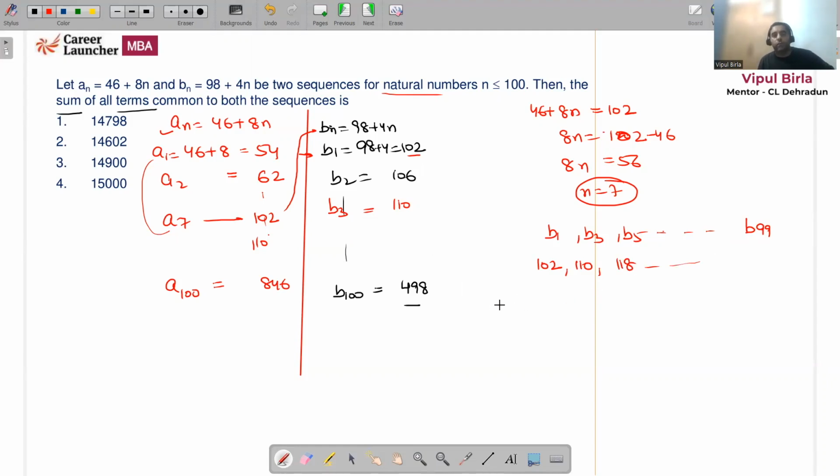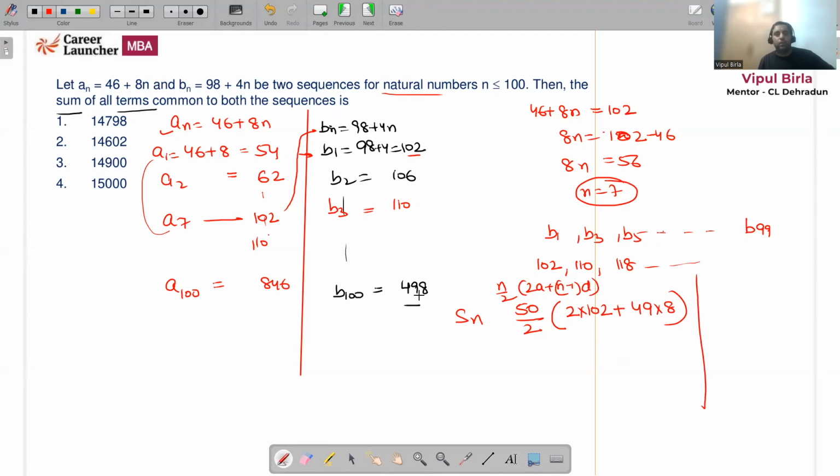So the sum of 50 common terms is something we need to calculate, and that sum will be 50 by 2 into 2a plus 49 into t, right? That is the formula for Sn, which is n by 2 into 2a plus n minus 1 into t. We could have also identified this sum by knowing the last term.